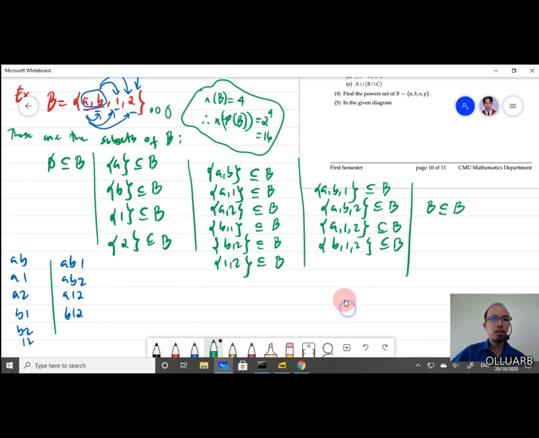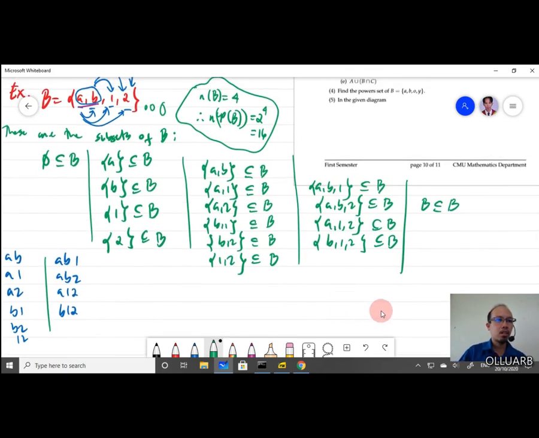So therefore, the power set of B, as you can see in our previous analysis, has 16 elements. So 1, 2, 3, up to 16. So put all these sets here.